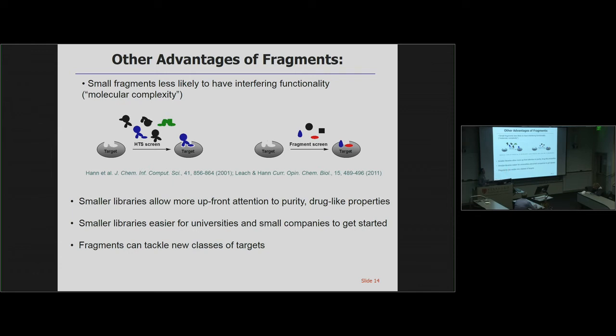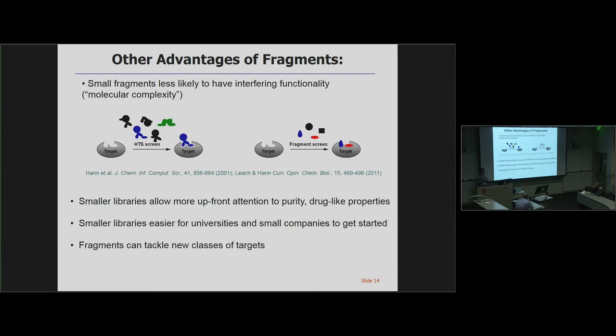A few other really nice advantages are that if you're dealing with a smaller library, it's not going to cost $50,000 and take a year to screen it. You can pay a lot more attention to each individual member of the library. And I think probably one of the key advantages for many of you is that fragments can tackle new classes of targets.